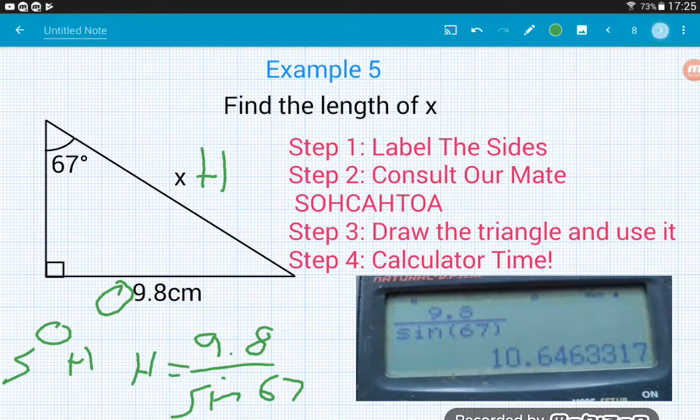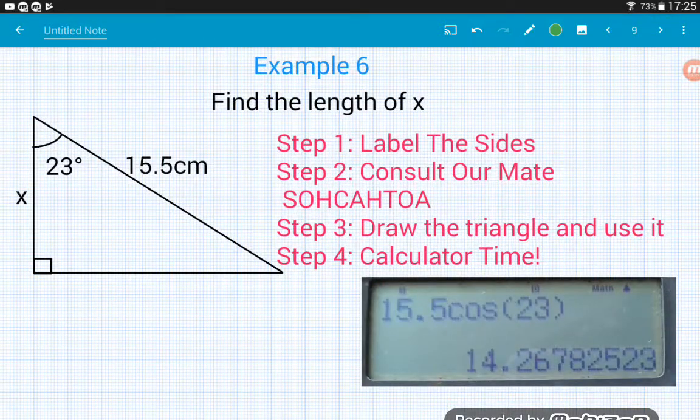Okay, one more. So, as always, let's label our sides. We've got the hypotenuse up here, and then we've got the adjacent over here at the side. So we're using cos, so our triangle CAH. We're looking for the adjacent. If we cover that over, we would get cos theta times h, or h cos theta.